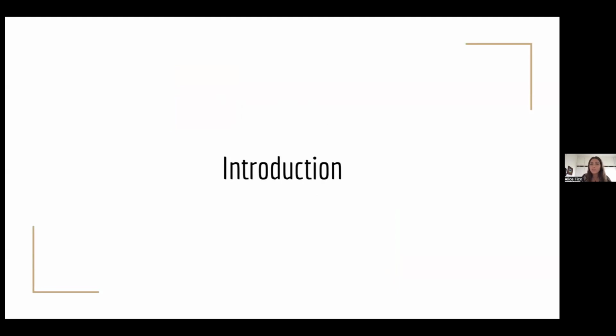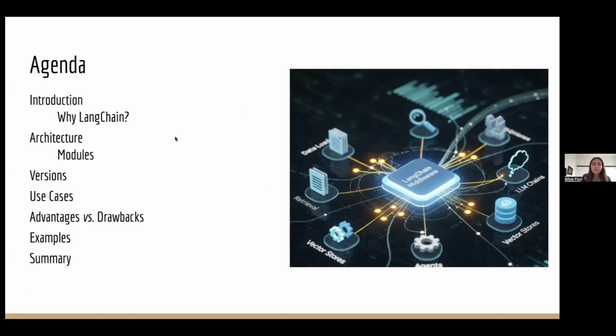In the first part, we will see the introduction. In the introduction, we are going to see why we should use LangChain, what it is, and what the advantages are. Then we will present the architecture, modules, some versions, and some use cases.